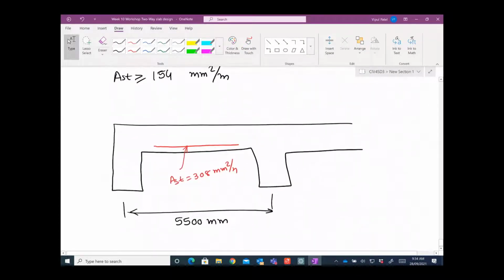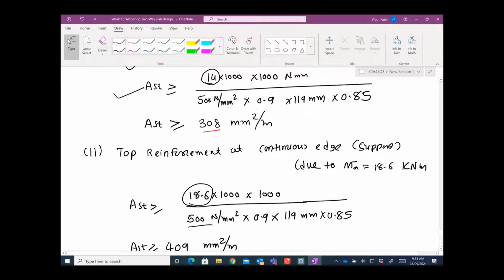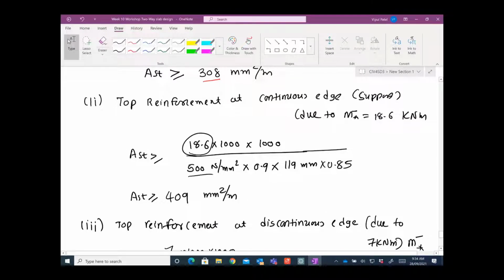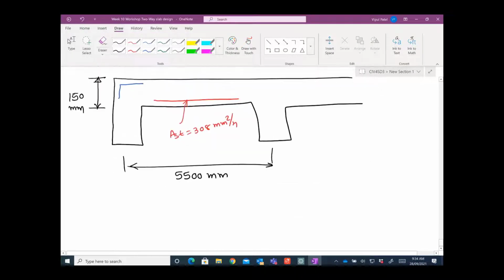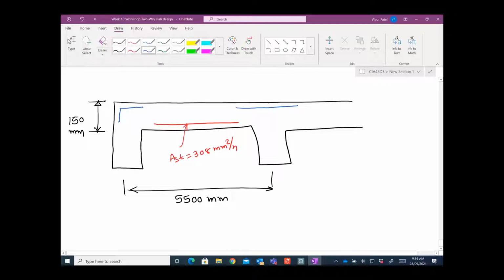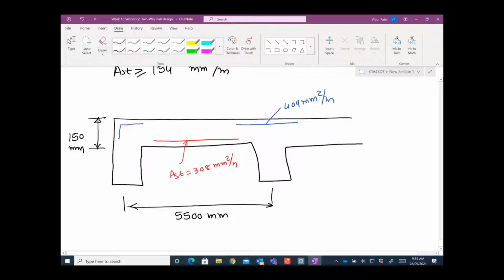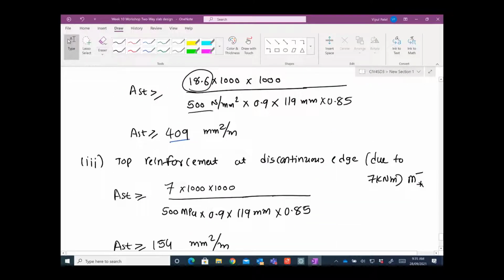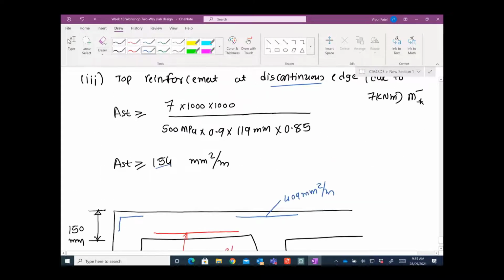So you have this 150 slab thickness that we are working with right now, and then you have this top corner view. Sorry, continuous one is top one, 409 millimeters square per meter, and at the discontinuous edge you have 154 millimeters square per meter.